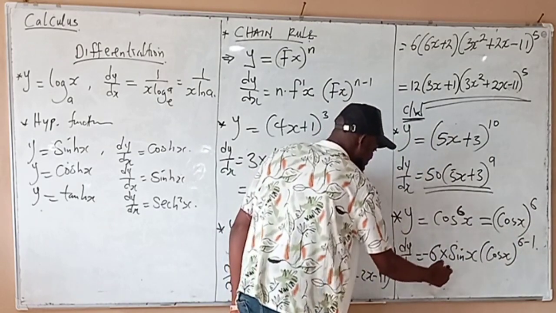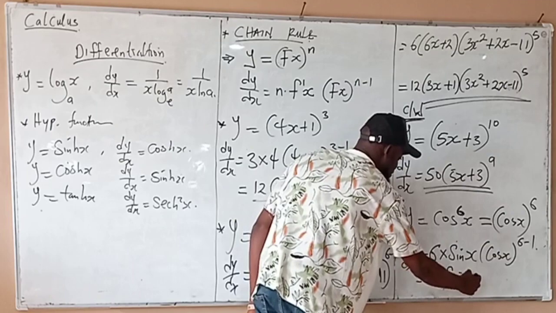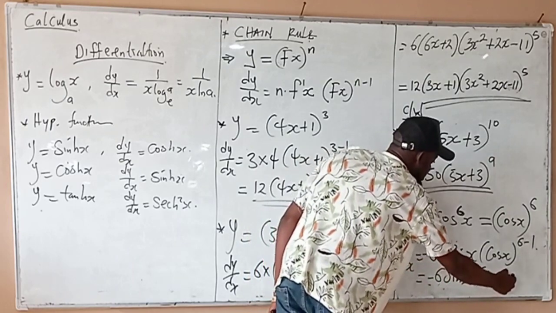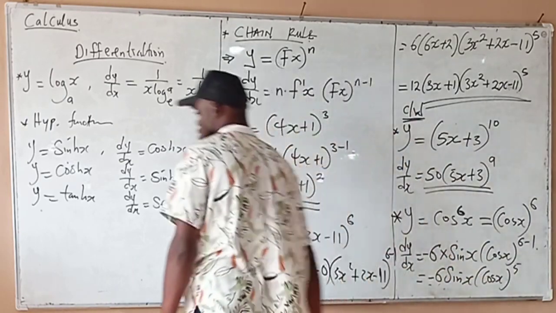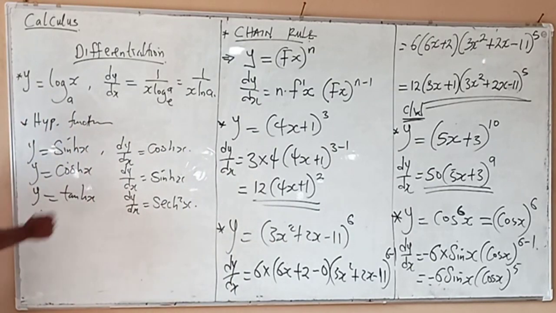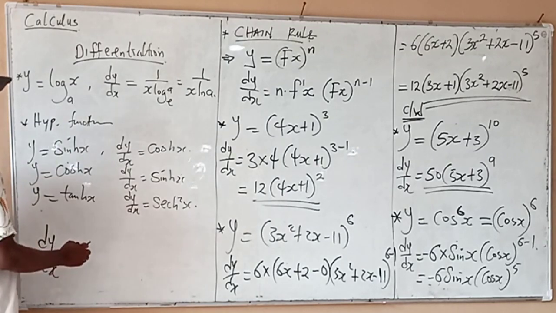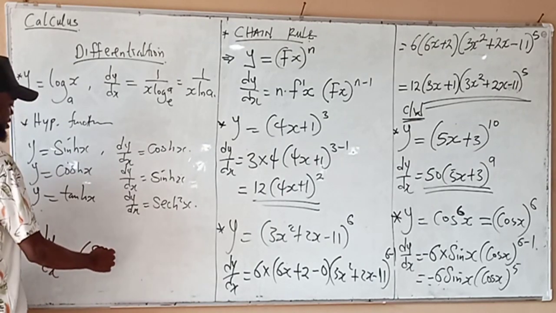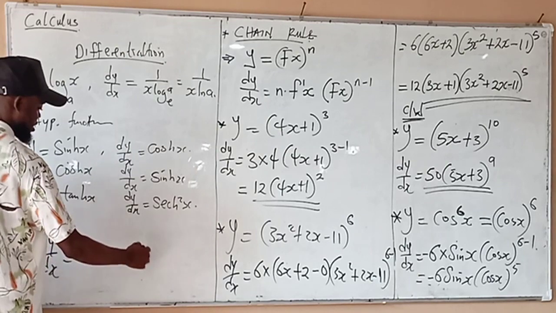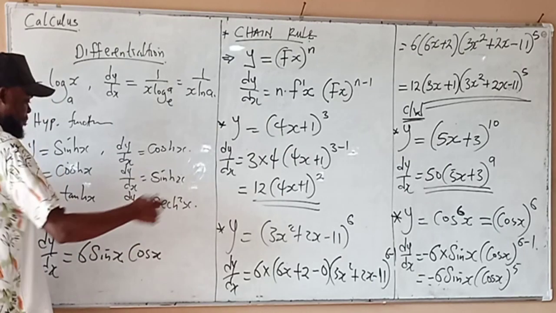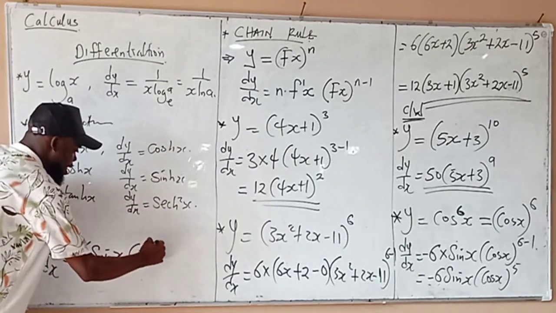So that is going to give us minus 6 sin x cos x raised to power 5.